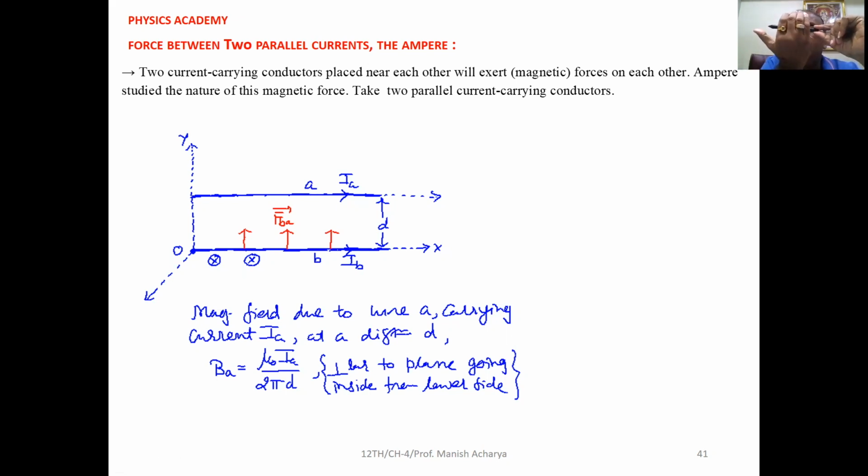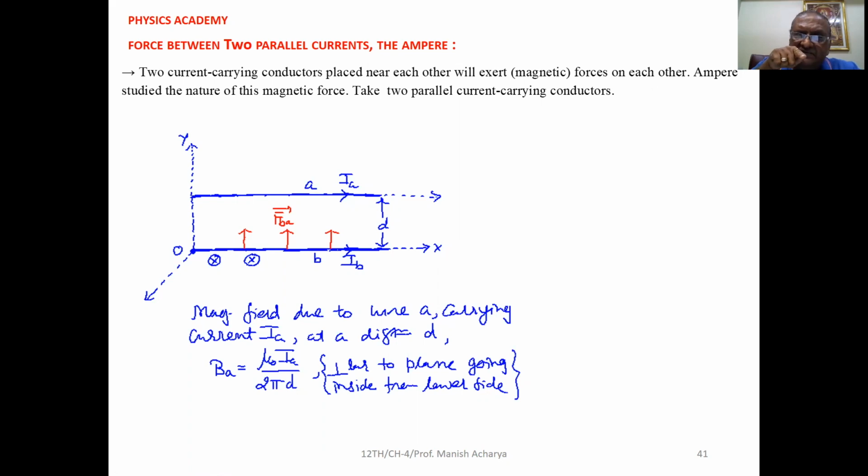So if we hold this wire A in the right hand like this, thumb is in the direction of the current, then from the lower side, the fingers are going inside like this. See, from lower side, the fingers are going inside. So here at the position of B, the magnetic field is going inside.